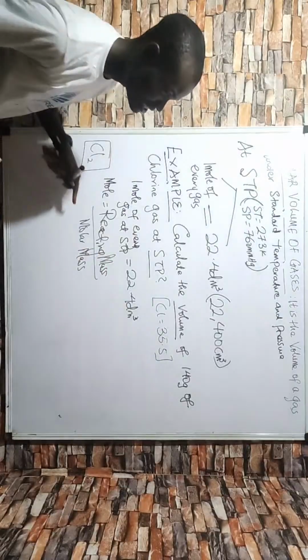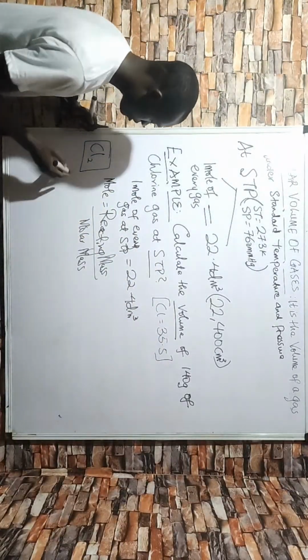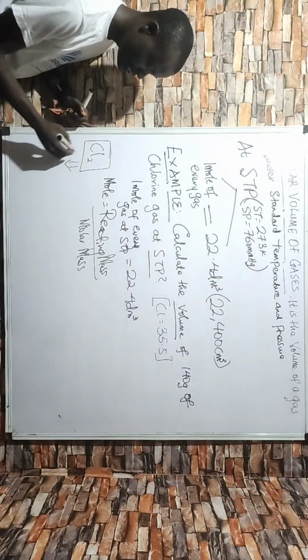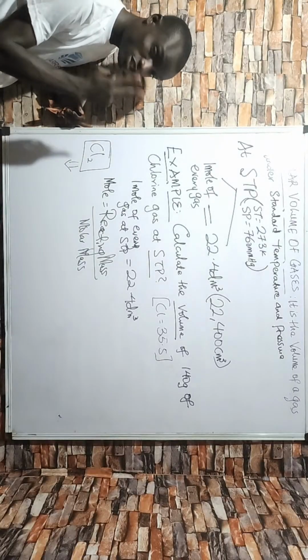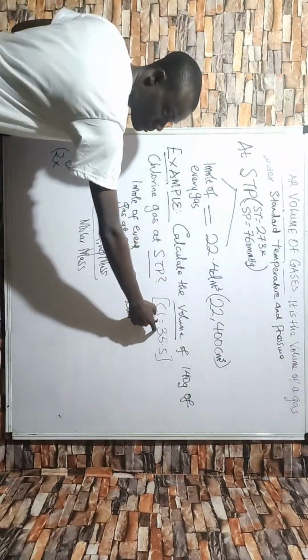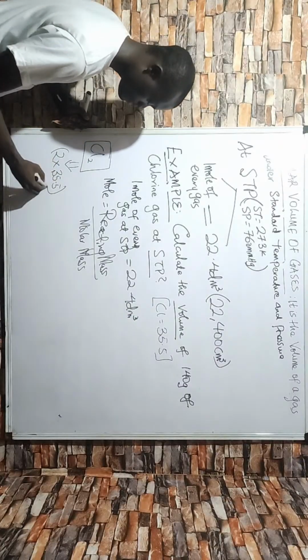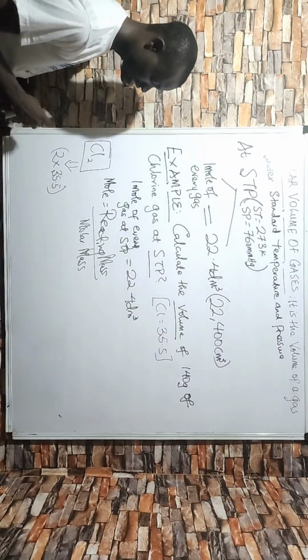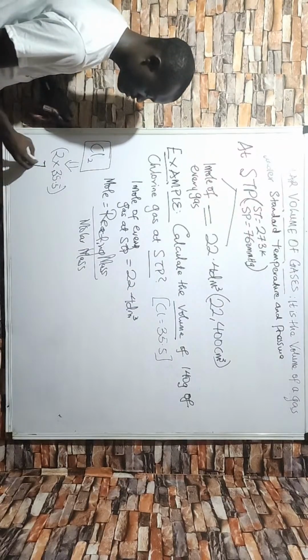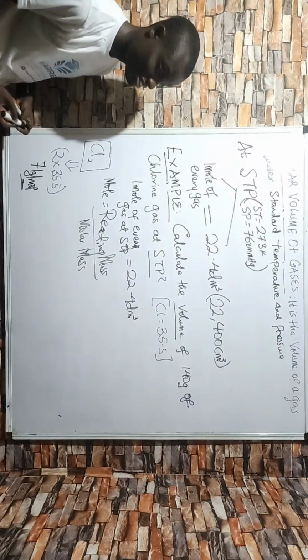The reacting mass given to us in this case is 140 grams, but we don't know the molar mass, so we have to calculate it. In this chlorine, we have 2 atoms of chlorine, so it's 2 times 35.5, which gives us 71 gram per mole.